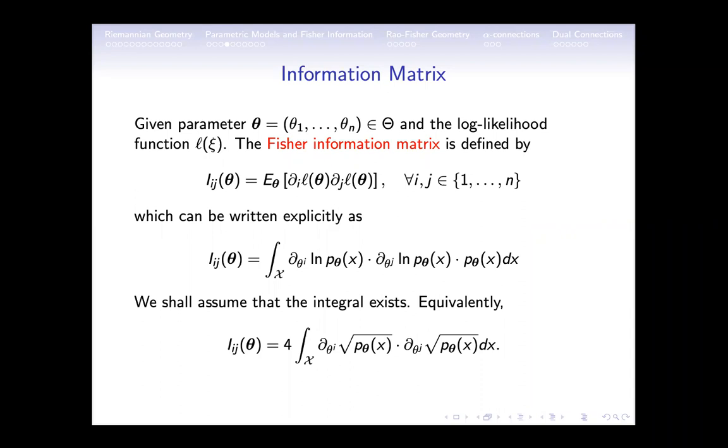After that, we'll take something from the parametric model to define the Riemannian metric and go on doing Riemannian geometry on it. This will be a very key factor in defining the Riemannian metric. Basically, this will be the coefficients of the Riemannian matrix. This is the information matrix, also known as the Fisher information matrix.